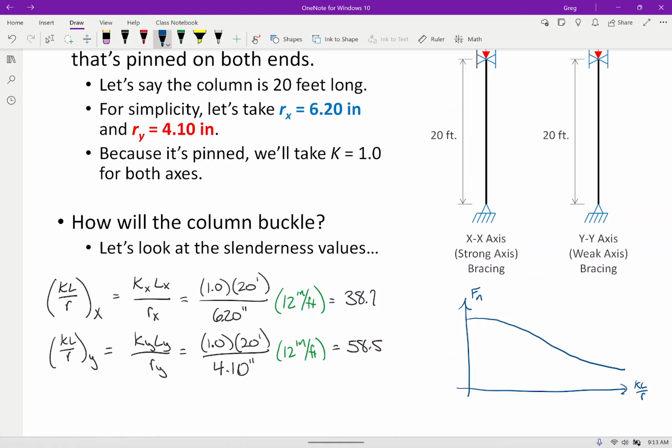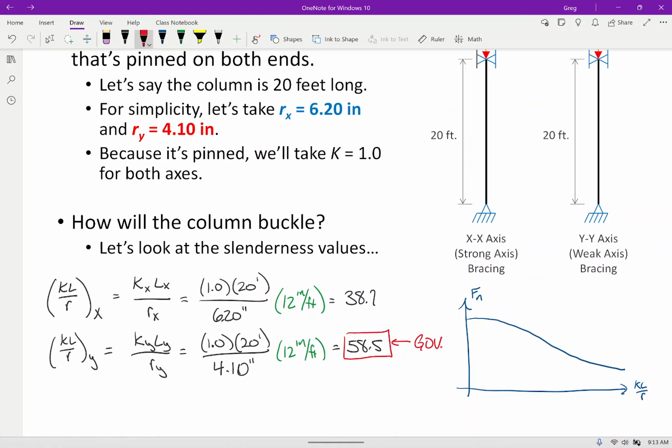X is going to yield a higher capacity if we use it. But if we're taking the column and loading it and loading it and loading it, which buckling load is going to occur first? This one or this one? The Y. So what I'm getting at is this is the value that governs. Does that make sense? So for a capacity calculation, this is the value that governs.